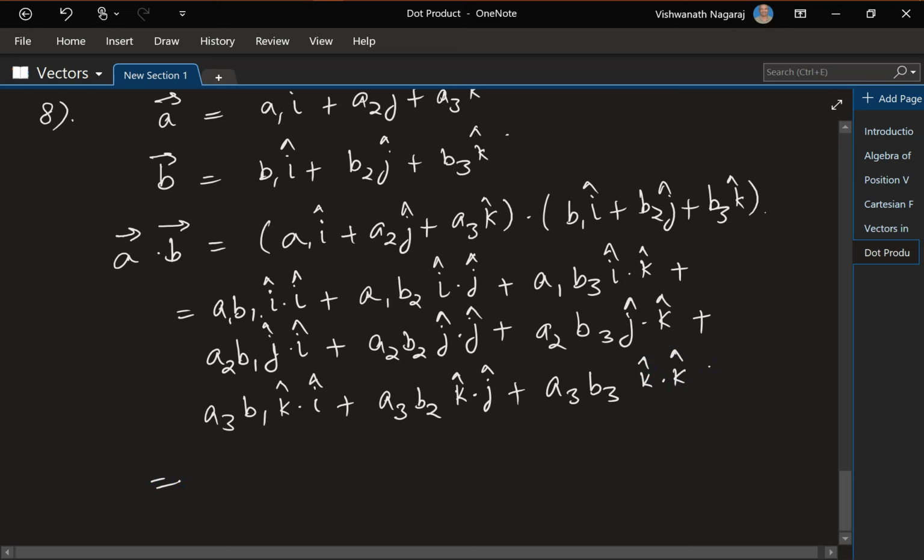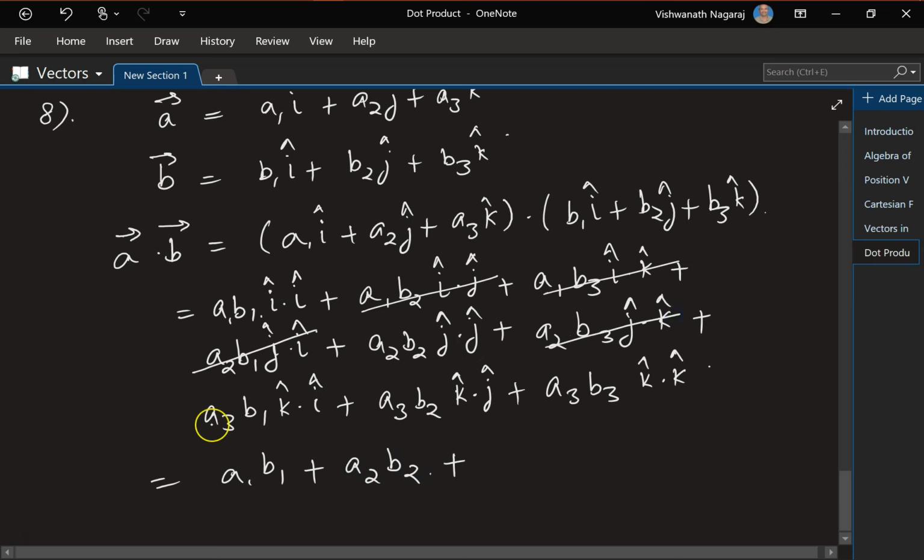Now in this we know I dot I is 1. So A1 B1. Now I dot J is 0, I dot K is 0. So this gets cancelled, this gets cancelled, this gets cancelled. We are left with A2 B2, J dot J is 1.